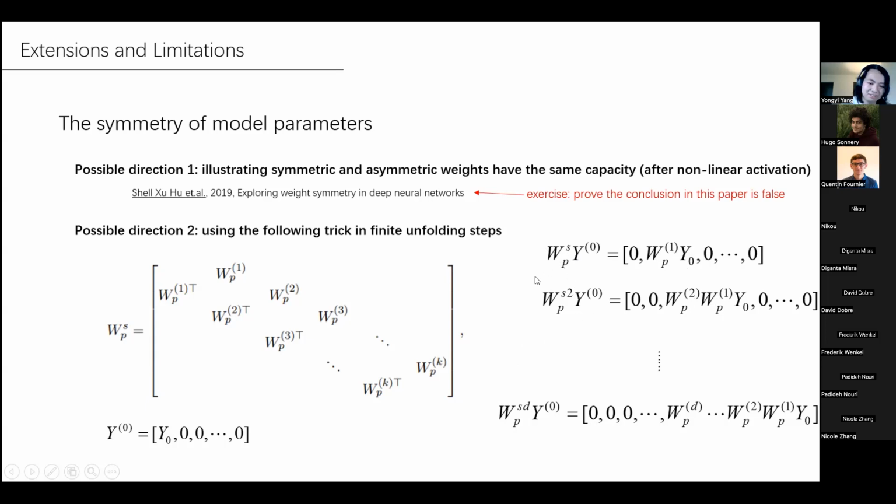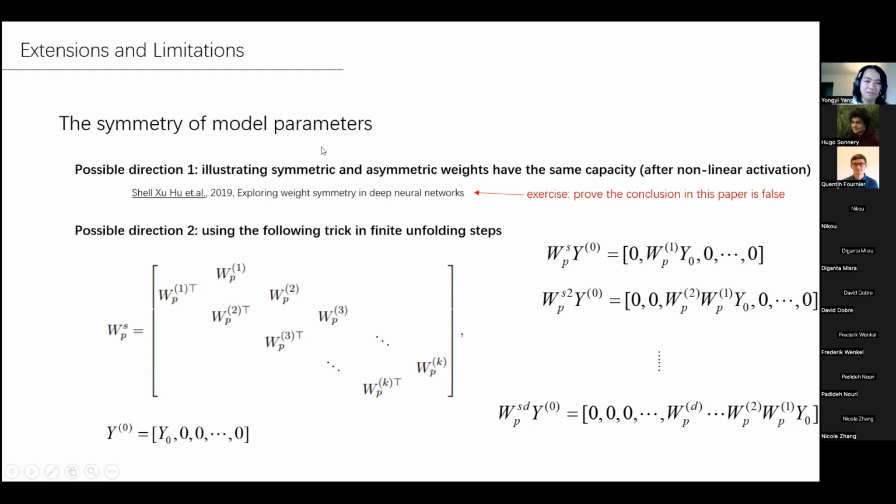This solution is also mentioned in many works of this kind, but still this is kind of weird because firstly, it will only allow you to unfold a finite number of steps. Also, it will construct a very large model parameter, which is kind of weird.